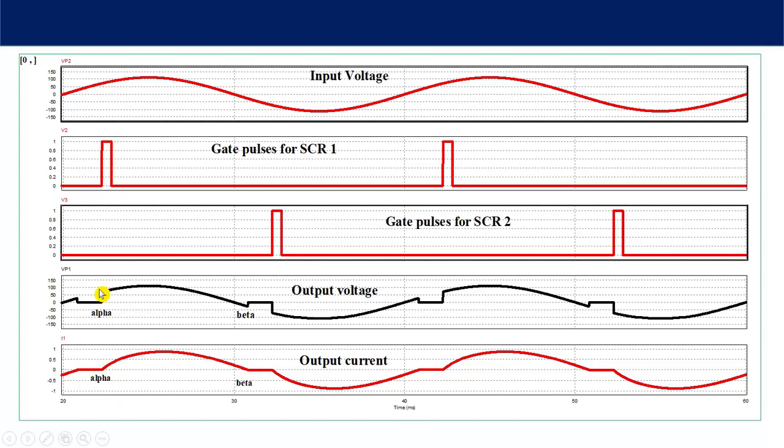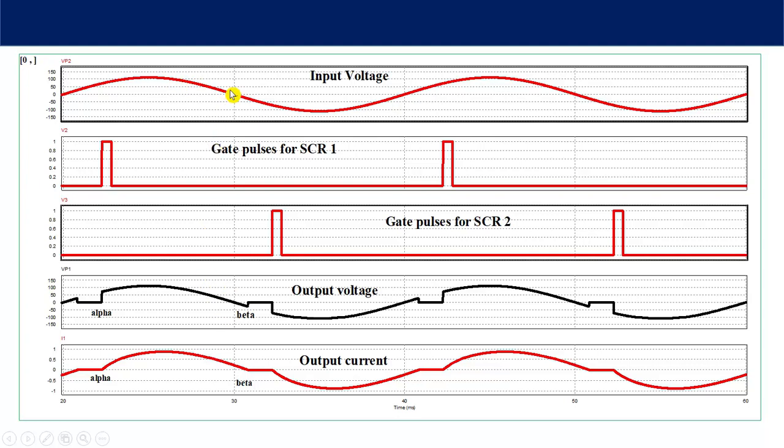So you can see here from alpha the current starts increasing. Now after reaching the peak value, this current will reduce. So during this period, the voltage of the inductor reverses, and this voltage will be added up with this voltage, and you will see the net voltage across the thyristor.